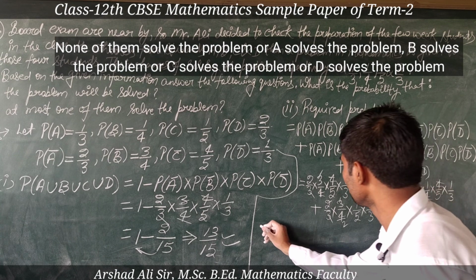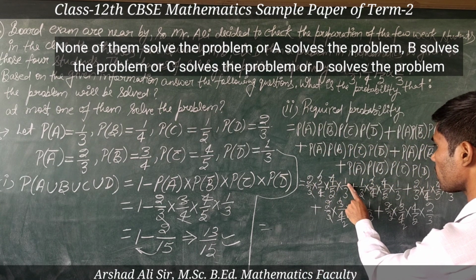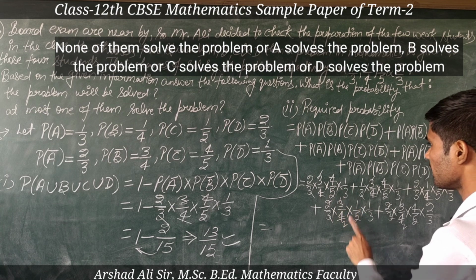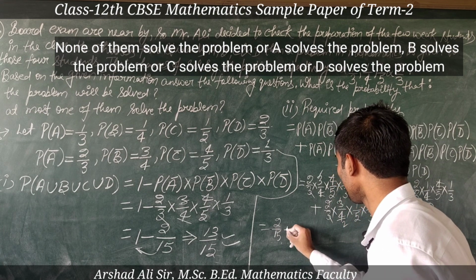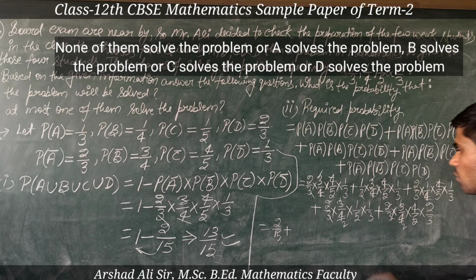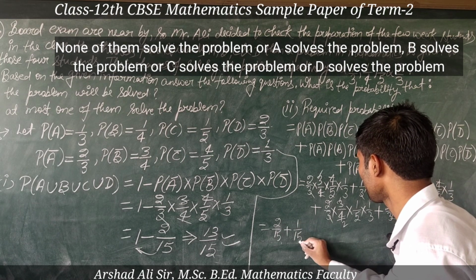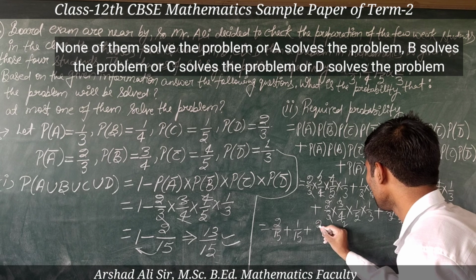Now we can solve. 2 1s are 2, 2 1s are 2 and 5 3s are 15, so 2 upon 15 plus, here we have 1 upon 5 multiply 3, 1 upon 15 plus 2 1s are 2, 3 5s are 15, 15 3s are 45, so we have 2 upon 45.